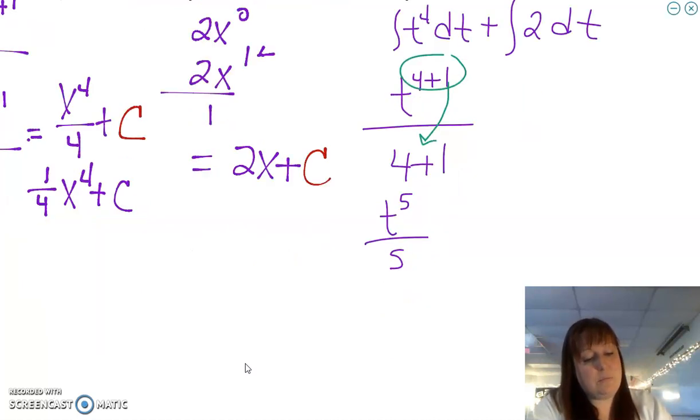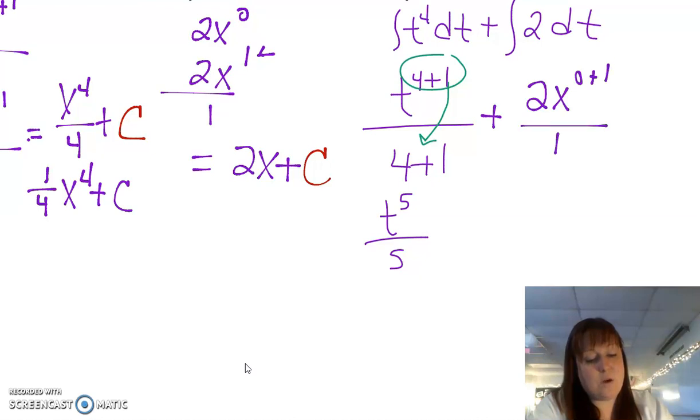So that's plus 2 to the x 0 plus 1 over 1, right, which is just plus 2x. Oh gosh, I did it with an x, but it should be a t. See, I just gave you a whole speech on how t is the variable. And I did it with an x. Okay, t.